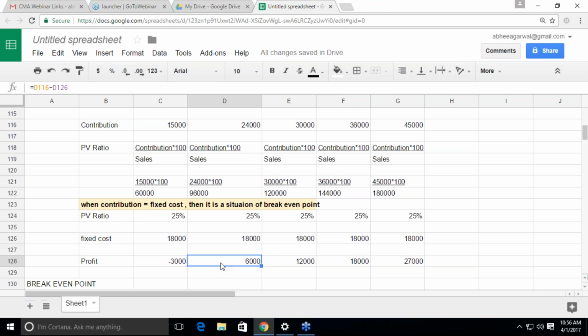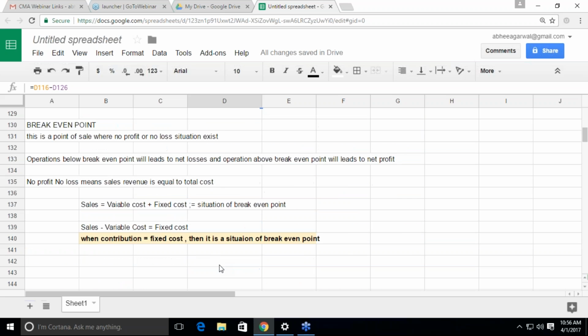My fixed cost is 18,000, that is for sure. And I want a contribution of 18,000, then only I can say, okay, now I am at the break-even point. So in the above given example, fixed cost is 18,000.